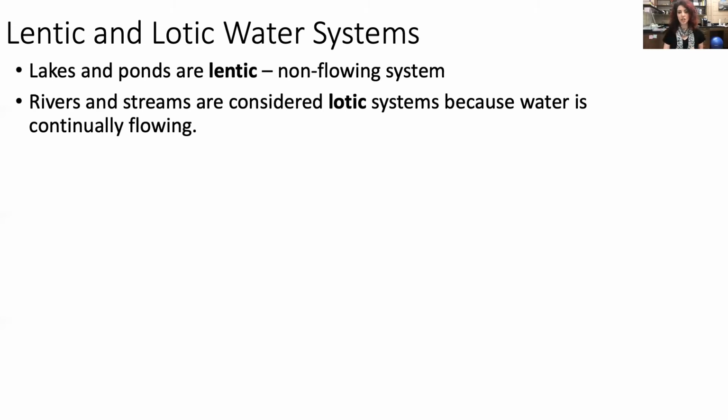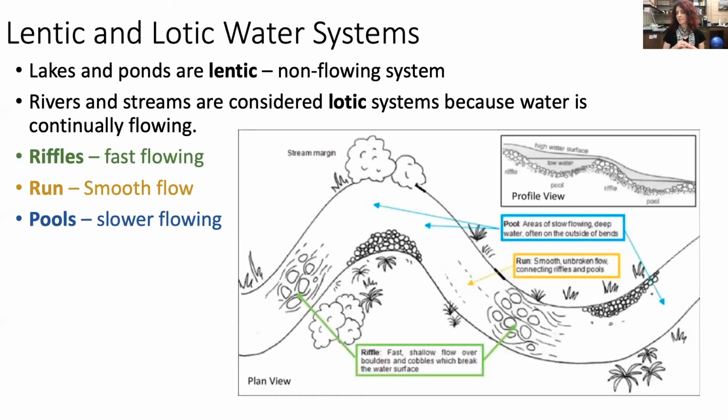So taking a look at the characteristics of flow, you can have in a lotic system different components. First, we have riffles. These are fast flowing parts of that water body. Here we have in green riffles that are characterized as fast, shallow flow over boulders and cobbles that break up the water as it's flowing.